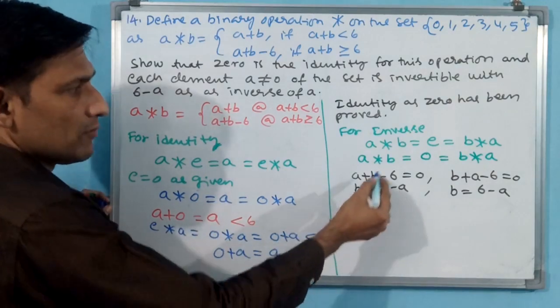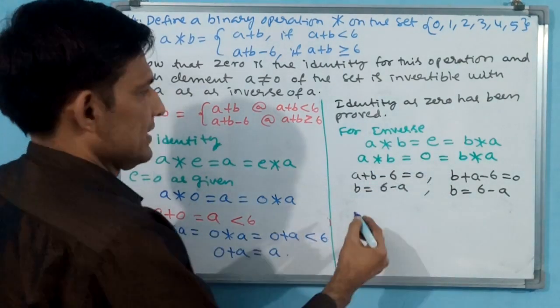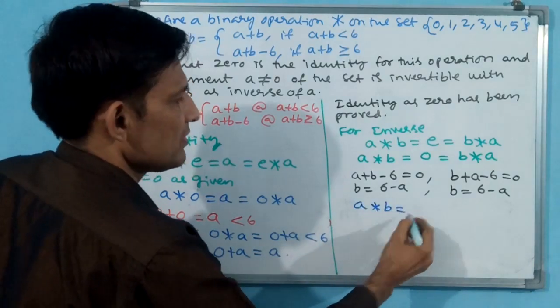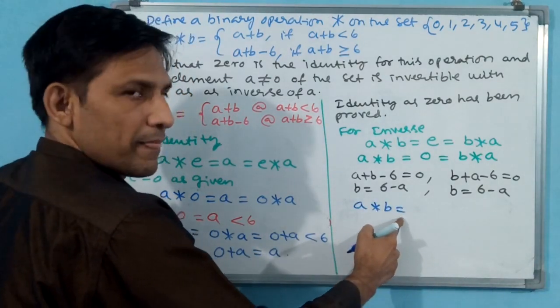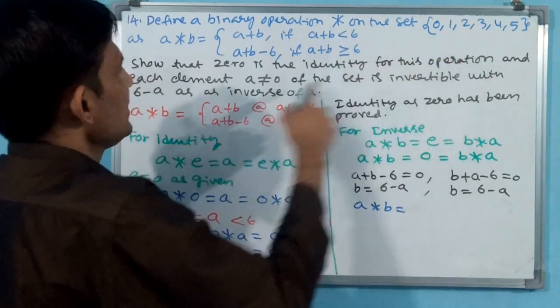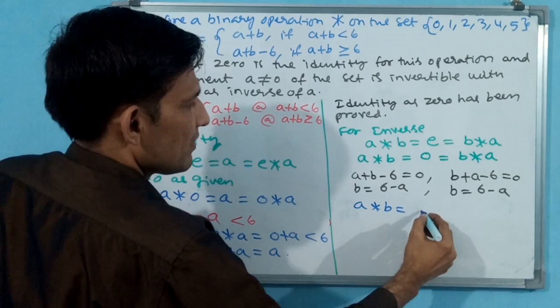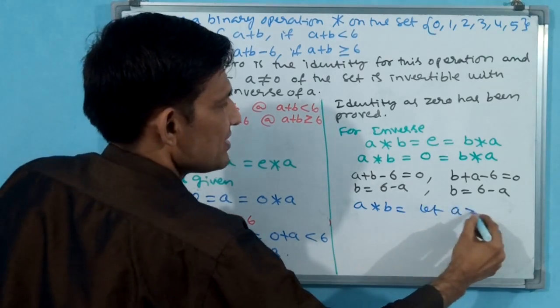This is the inverse. Same operation we will prove again. A star B is equal to 0 has to come. Let us take A as 1, since here 0 should not be taken. Let A is equal to 1.